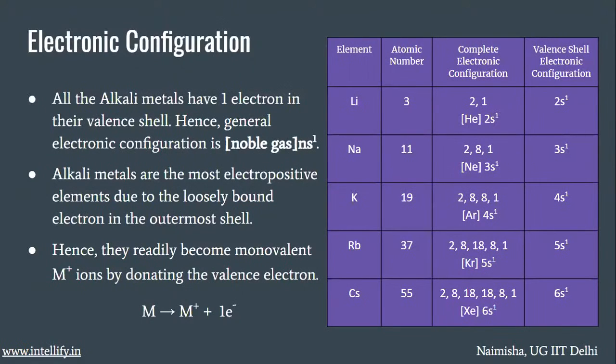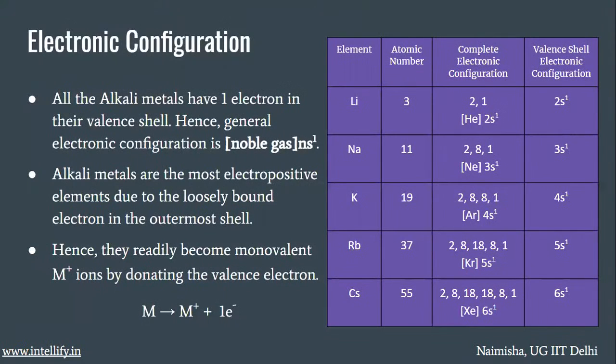All the alkali metals have one electron in their valence shell, hence their general electronic configuration is noble gas plus ns1. N represents the principal quantum number. Alkali metals are the most electropositive elements due to the loosely bound electron in their outermost shell.